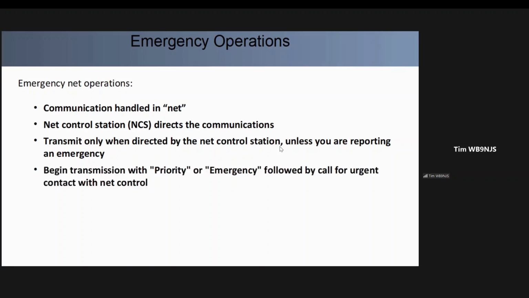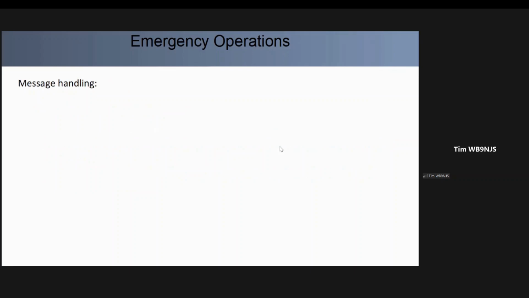If you have urgent traffic and you're trying to get through to net control to pass that, typically you'll begin your transmission with priority or emergency followed by your call, to let net control know you have emergency traffic for them.